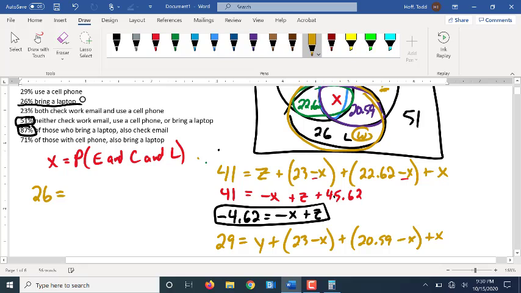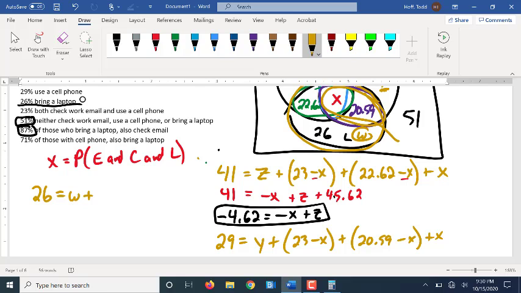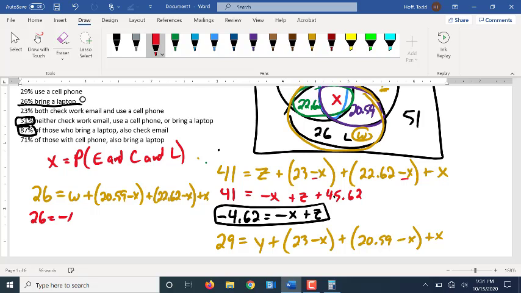That equals the W plus, well, the 20.59 minus X again, plus 22.62 minus X, plus X. So again, if I simplify that, 26 equals minus X, and plus X is minus X, plus W, what is that, 43.21, I believe.